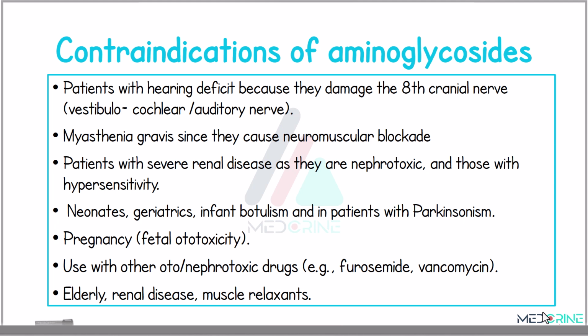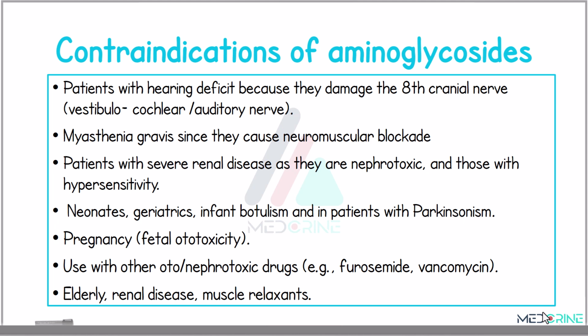Some of the contraindications of aminoglycosides are patients with hearing deficit, because the damage to the eighth cranial nerve can worsen the hearing loss. Patients who have myasthenia gravis, patients with severe renal diseases as they are nephrotoxic, and those with hypersensitivity to aminoglycosides.